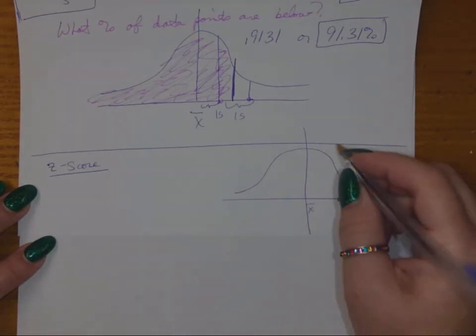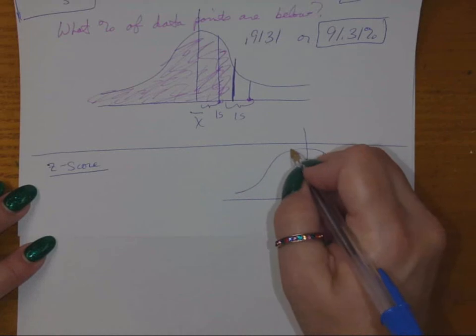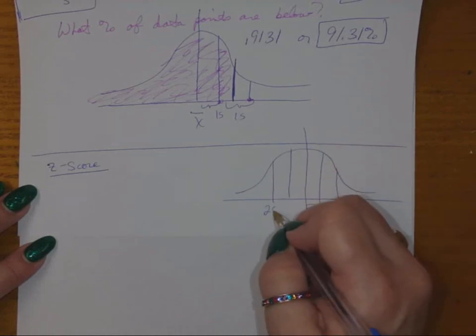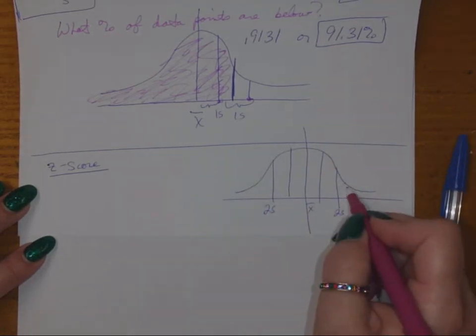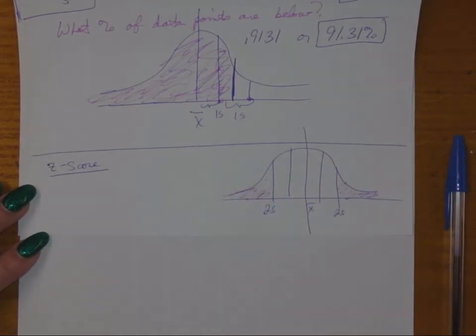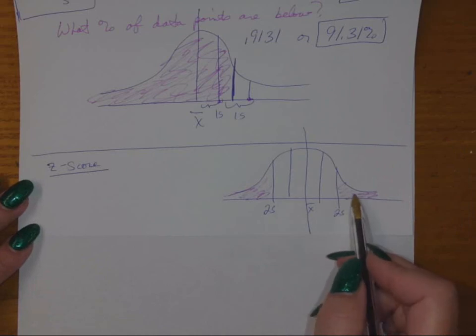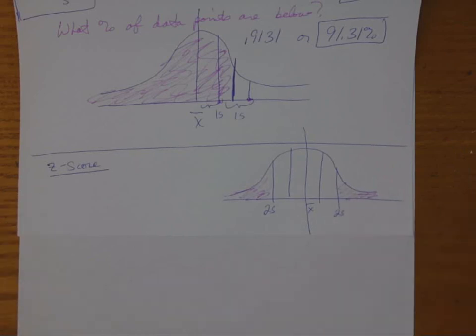Here's my x bar, 2 standard deviations above, 2 standard deviations below. These guys on the tails are my outliers. So I can't just say 2 standard deviations above; I have to say above or below, or 2 standard deviations away from the mean, or something like that.